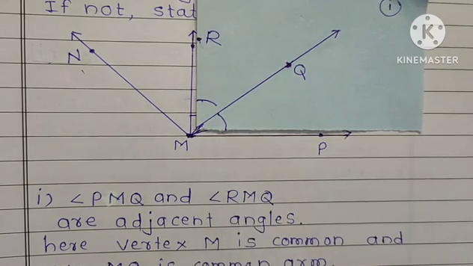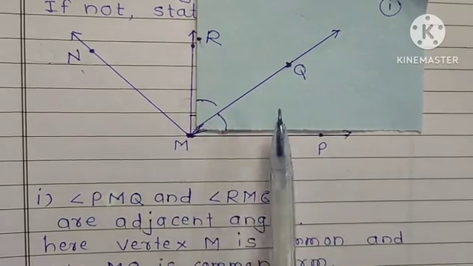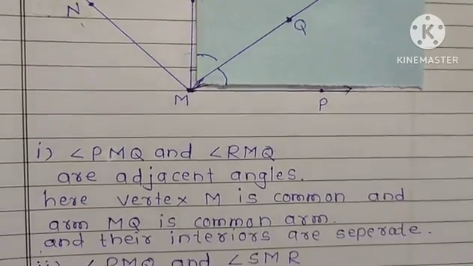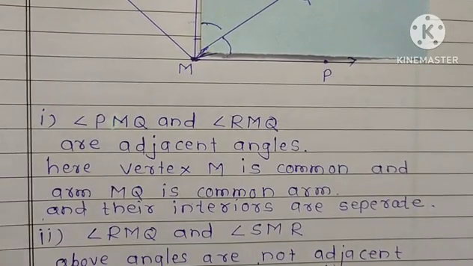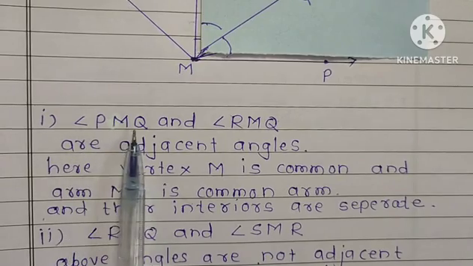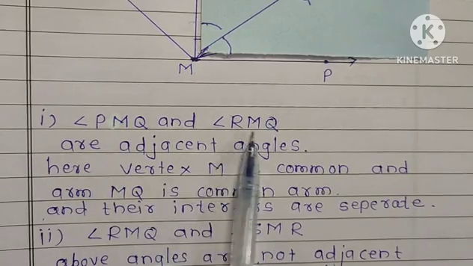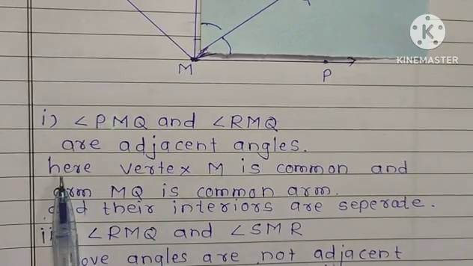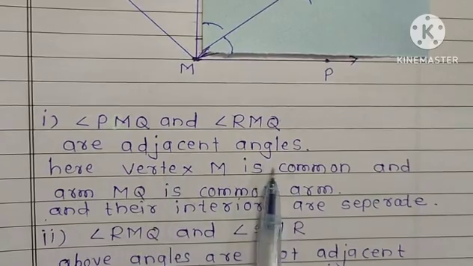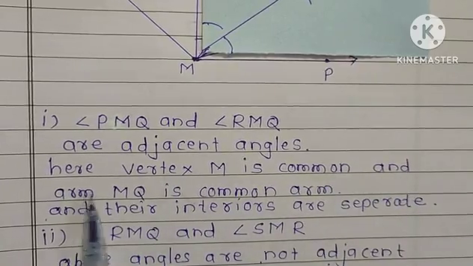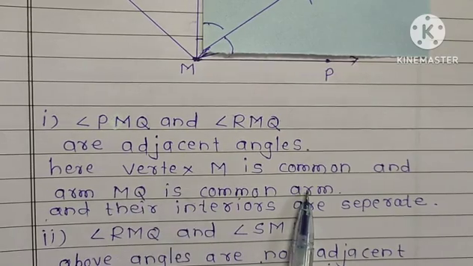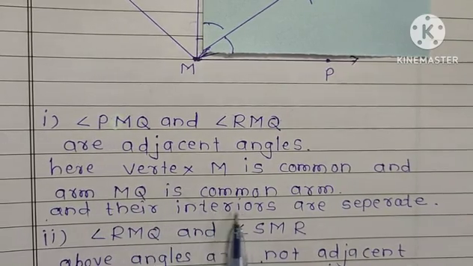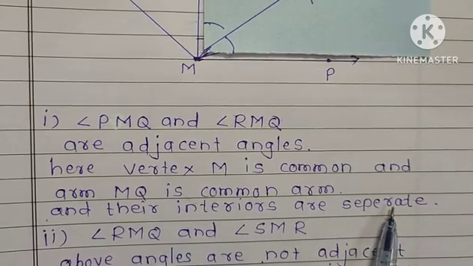So we write here: angle PMQ and angle RMQ are adjacent angles. Here vertex M is common and arm MQ is common arm and their interiors are separate.